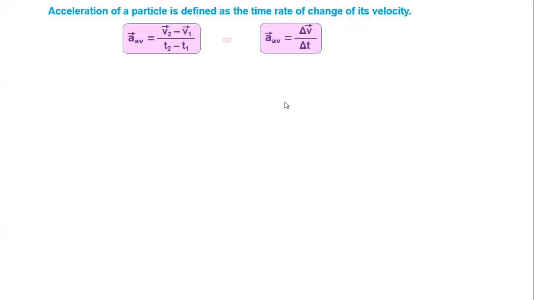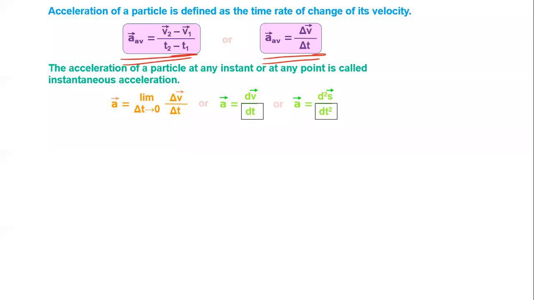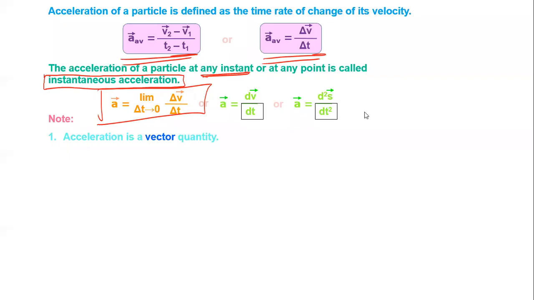The acceleration of a particle is defined as the time rate of change of its velocity. We can write delta v by delta t as the acceleration. Similarly, we can write instantaneous acceleration by putting a limit here. So acceleration at any instant is called instantaneous acceleration. Note that acceleration is a vector quantity.